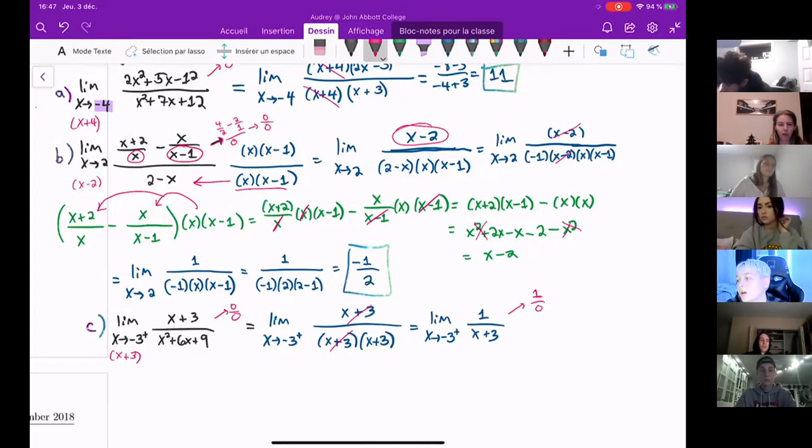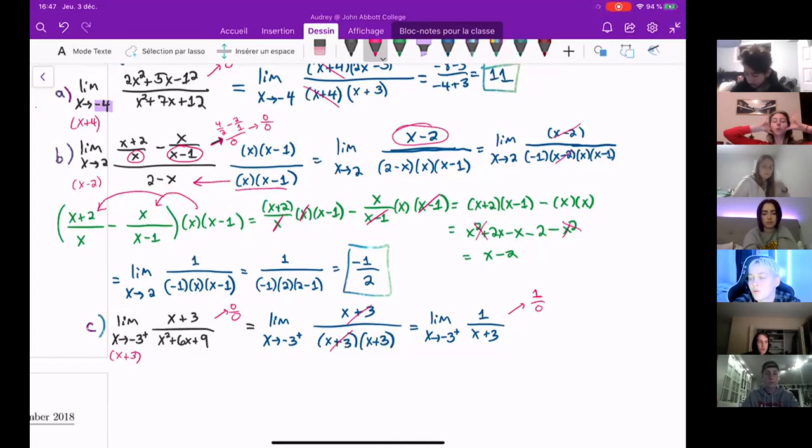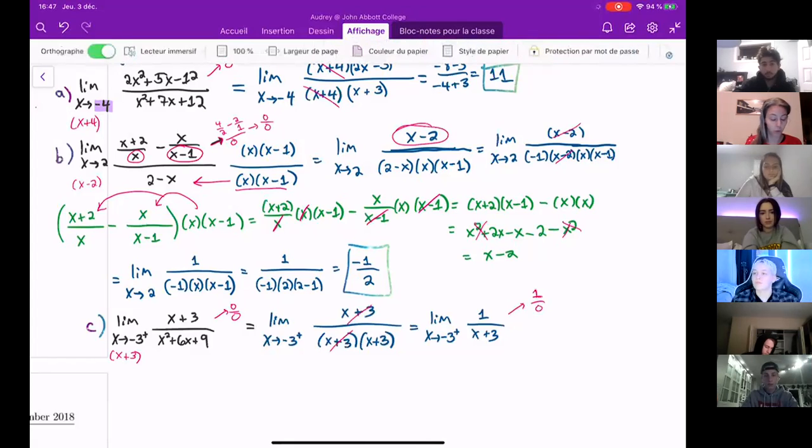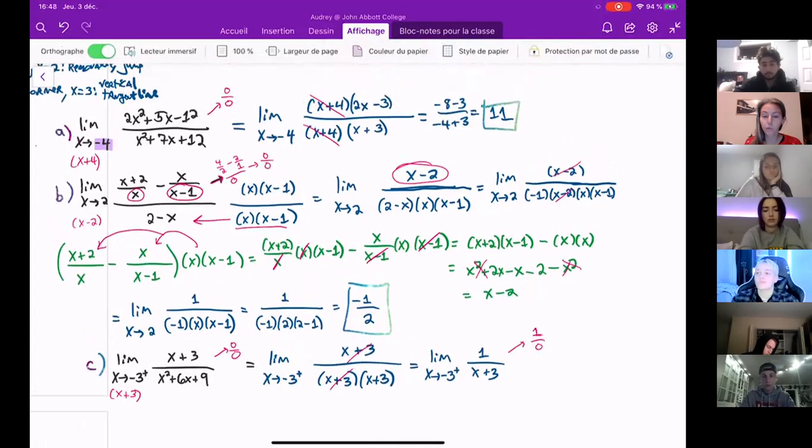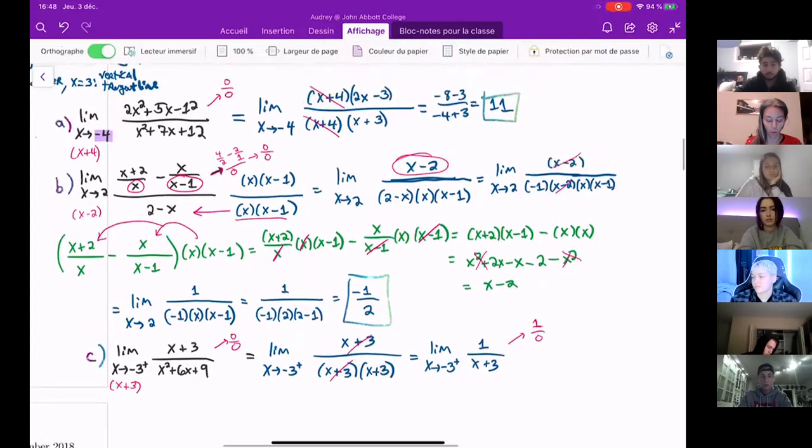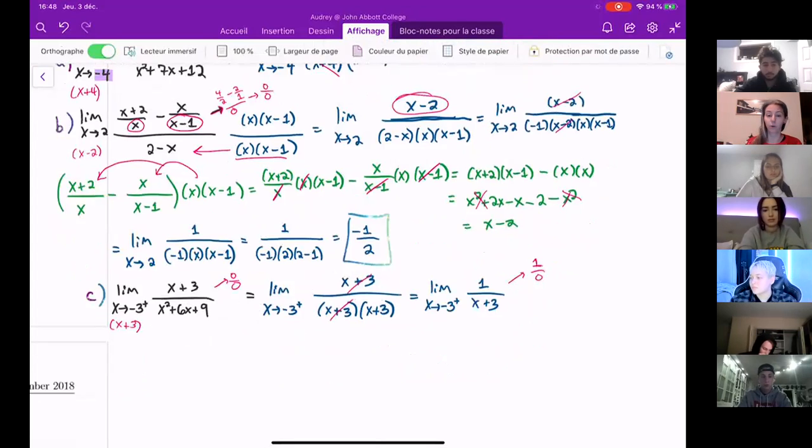So typically 0 over 0 means a removable discontinuity. So in A, I could easily conclude that that function has a removable discontinuity at x equals -4. But this 0 over 0 turned into a constant over 0.